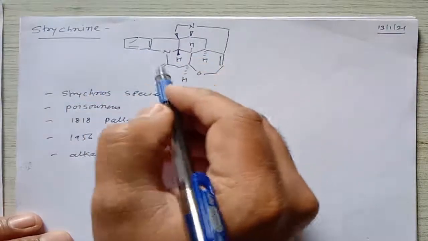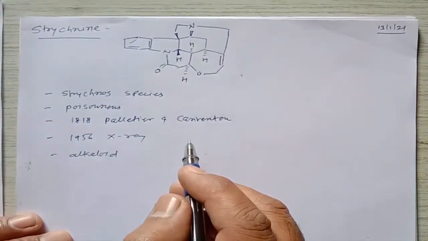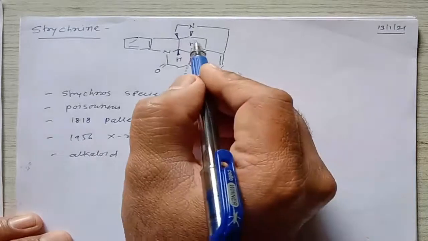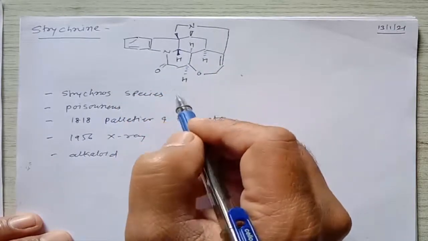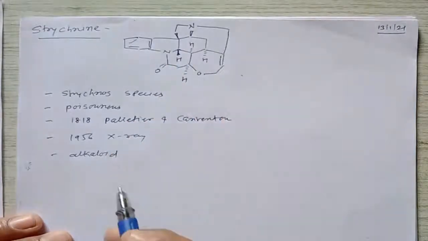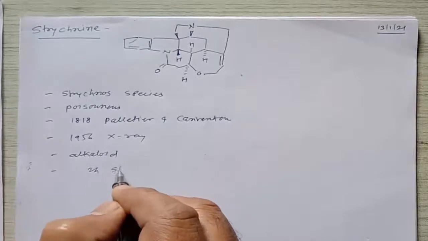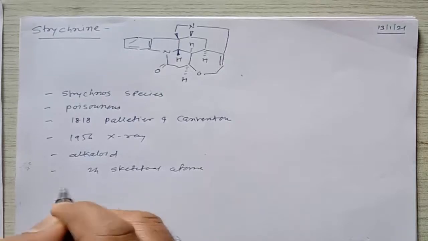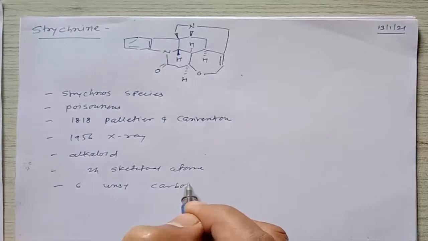If we count the atoms, there are 24 atoms present, and in addition it has 6 asymmetric substituted tetrahedral carbons, of which 5 are present in one ring and the last one is present in the other ring, right? So this molecule of strychnine contains 24 skeletal atoms as well as 6 asymmetric carbon atoms.